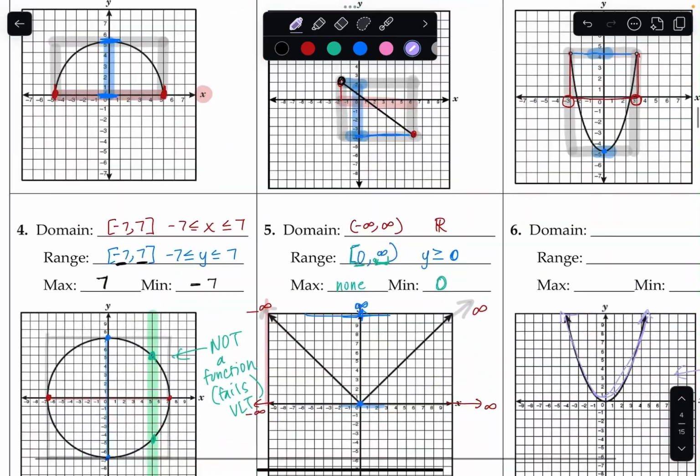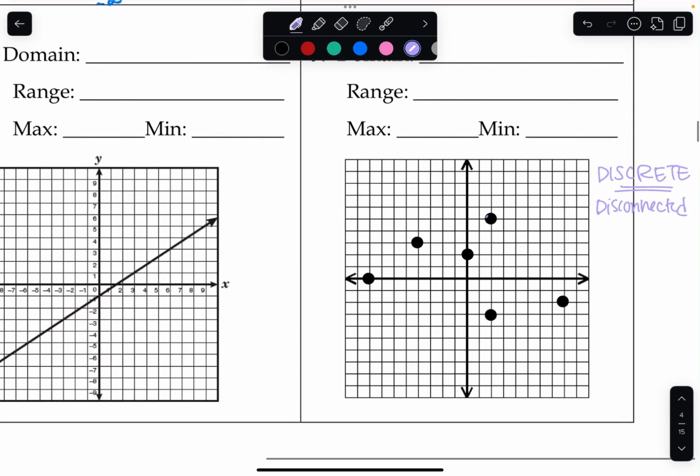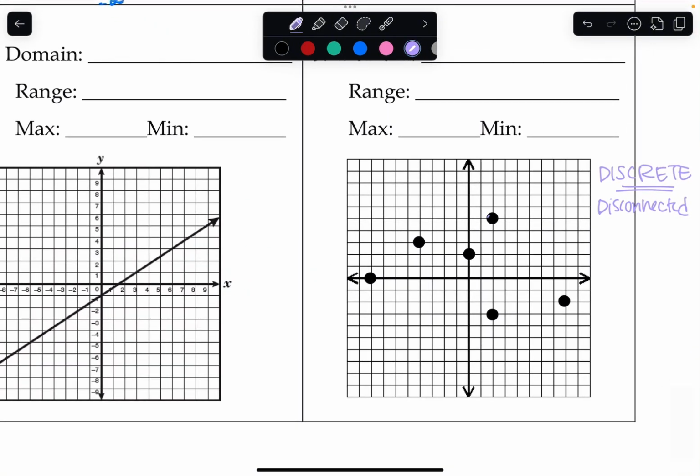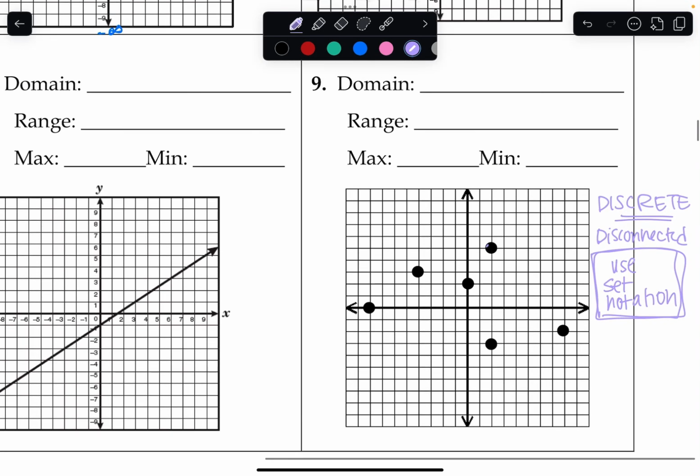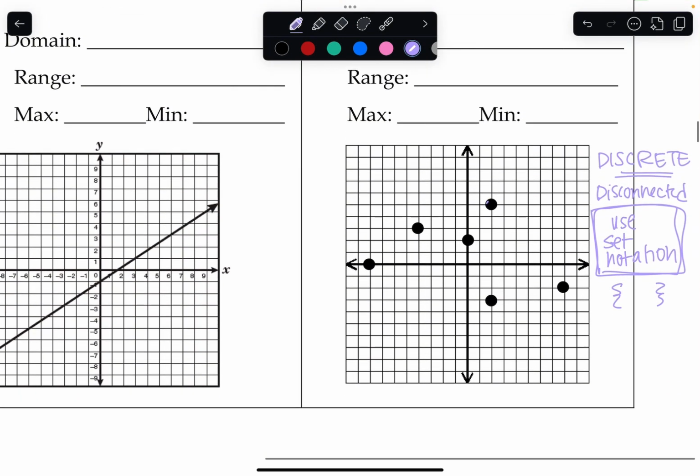They're all connected. When you're dealing with a disconnected graph, you cannot use interval notation. You have to use set notation. Okay, and so in set notation, you're using squiggly brackets, and you just list the values from left to right or bottom to top, least to greatest.